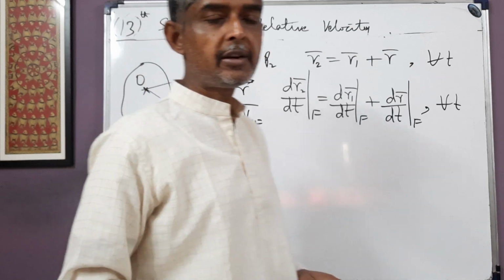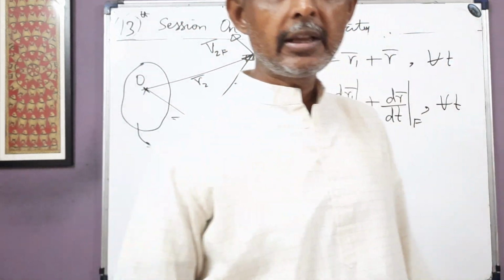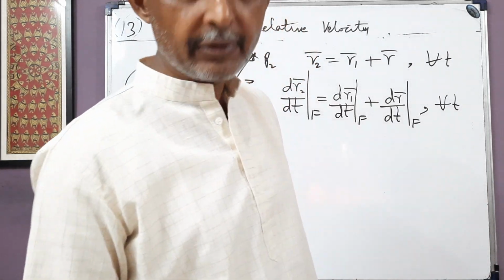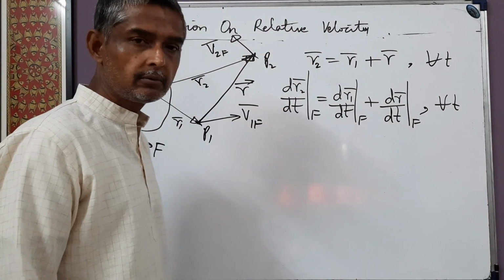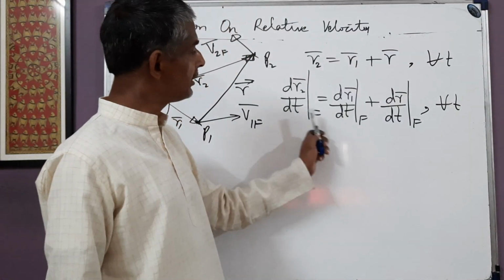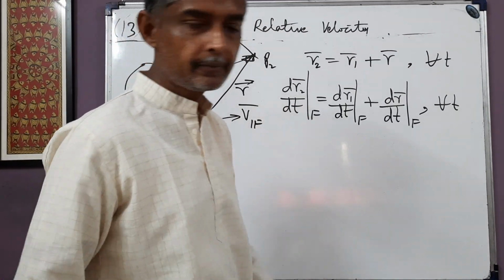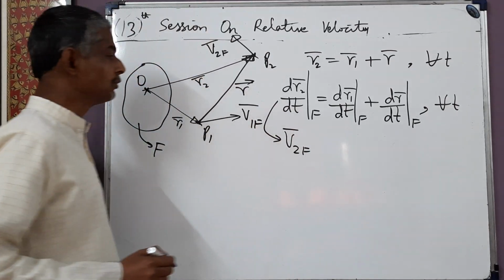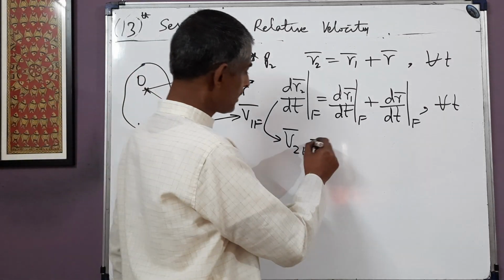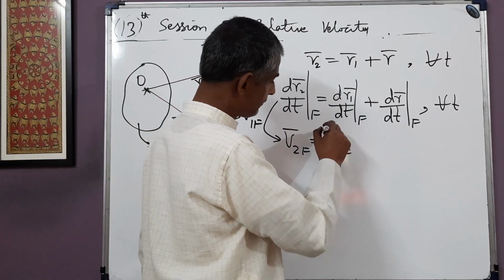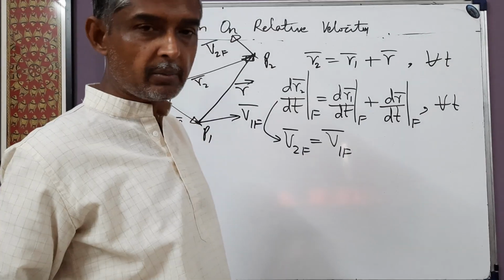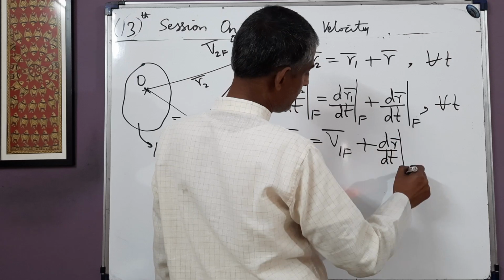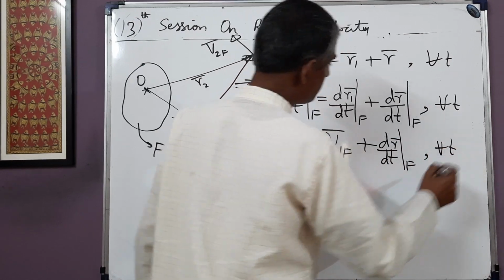We have already explained in the 9th and 10th videos that whenever we take the time derivative of a vector, we should specify the name of the reference frame. Without that, there is no meaning. So here F means that we are taking the time derivatives in frame F. Now this quantity is known to be V2F, the velocity of P2 with respect to frame F at time t, and this quantity is V1F, the velocity of P1 with respect to frame F at time t, plus dR by dt in frame F for all times.